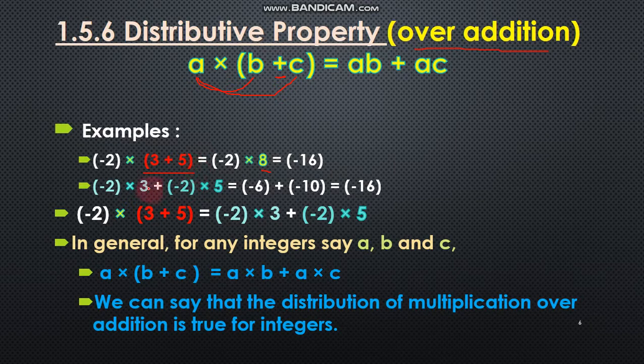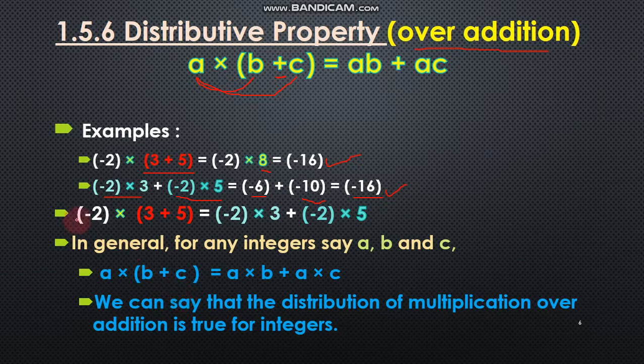Now let's solve the RHS. So negative 2 into 3 plus negative 2 into 5. What is the answer of this? Negative 2 into 3, the answer is negative 6, and negative 2 into 5, the answer is negative 10. Okay, and after adding we get the answer negative 16. So we get here that the result is the same from both sides.